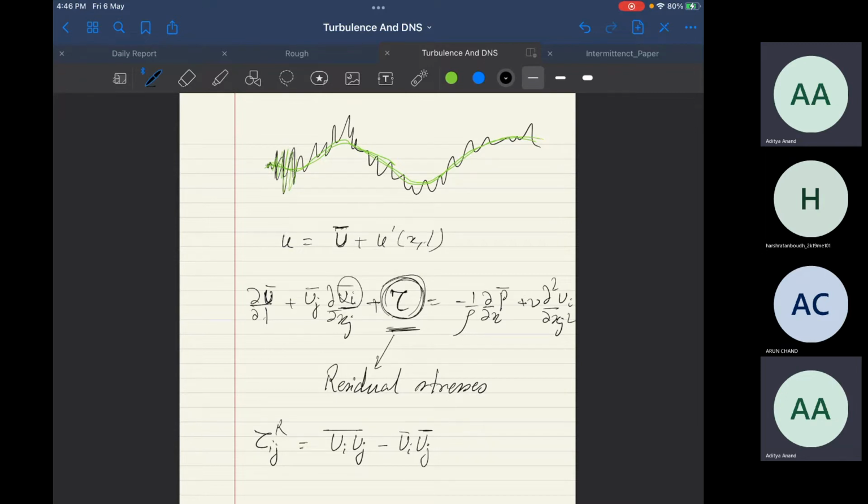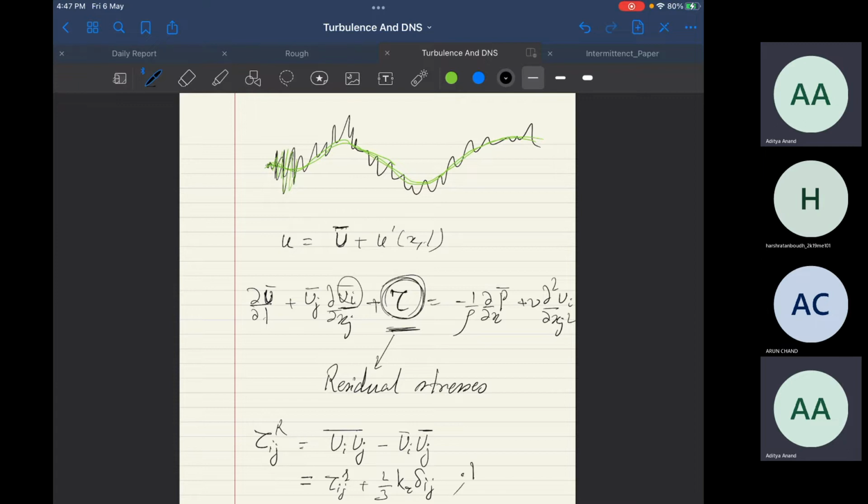Now there are several ways to decompose this residual stress. There is one where you decompose it in terms of isotropic and anisotropic parts. So you have tau ij from an anisotropic part, and then you have the isotropic contribution, where k tau is the residual kinetic energy.